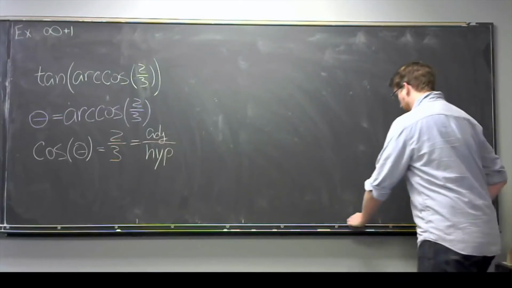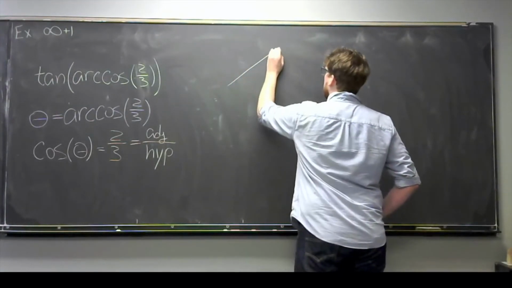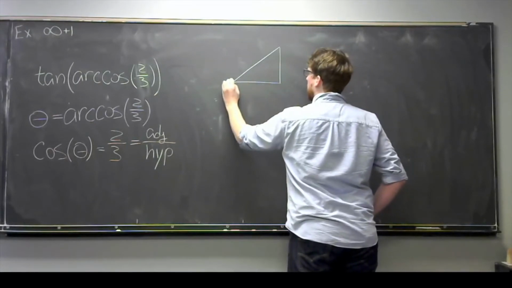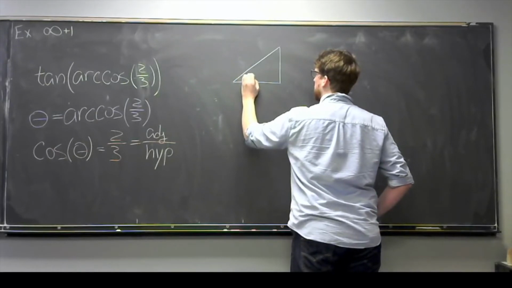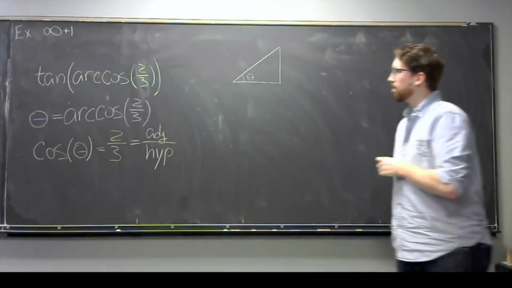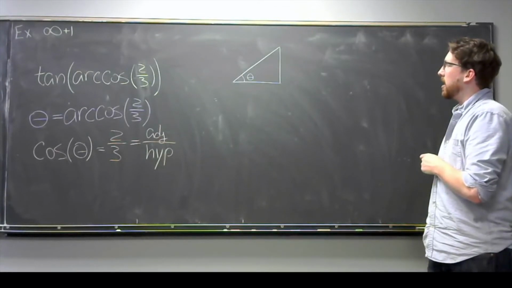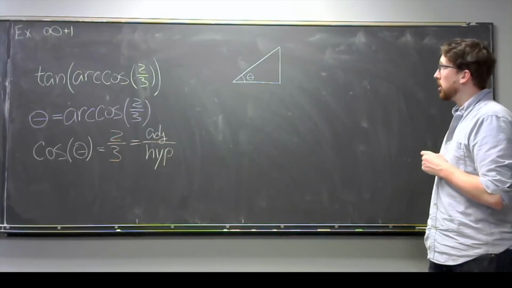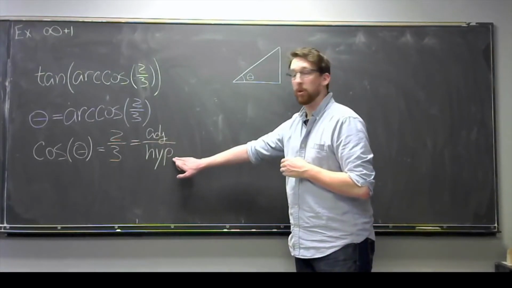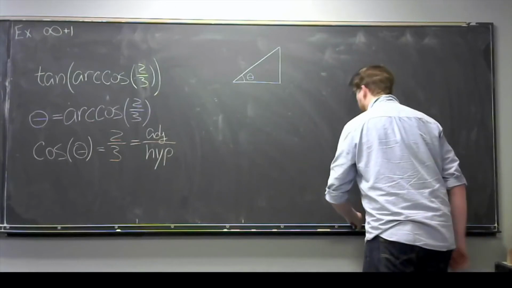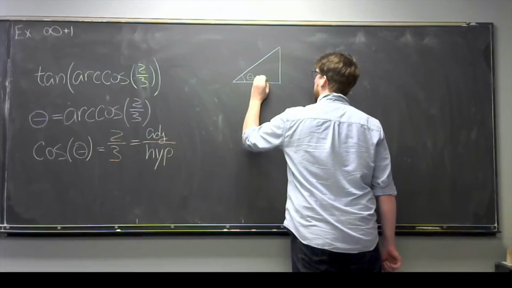Okay, so we'll draw this out. What we've got is some triangle with an angle of theta. And the cosine of theta is going to be the adjacent over the hypotenuse. So this bottom side is the adjacent side, right?